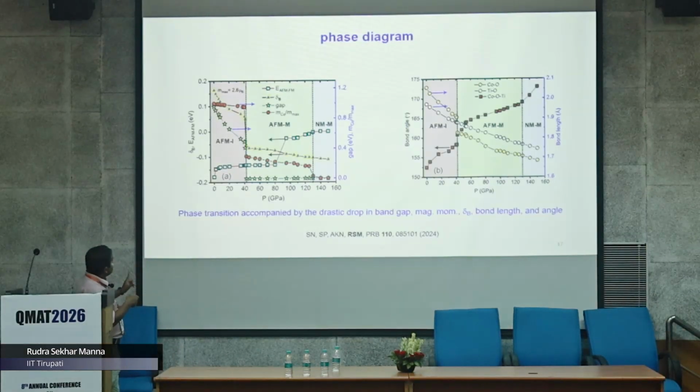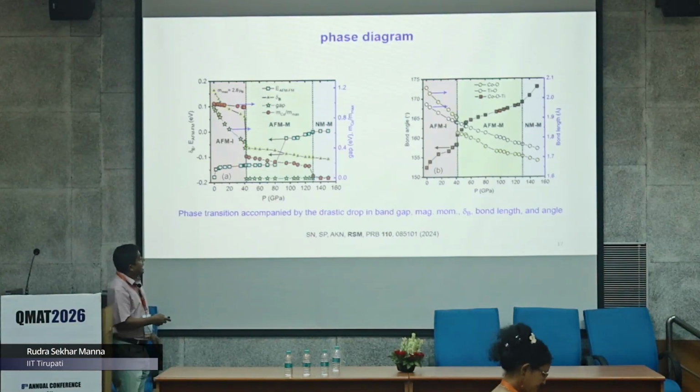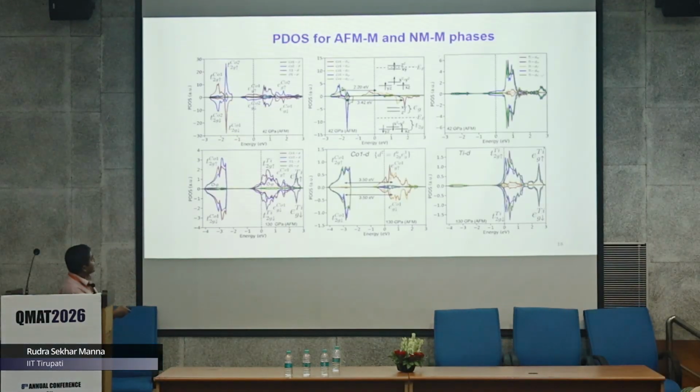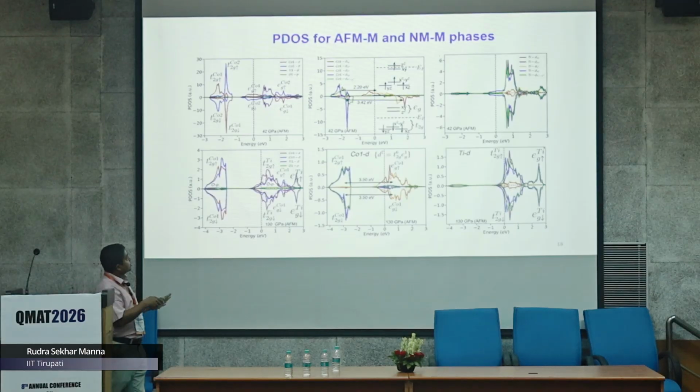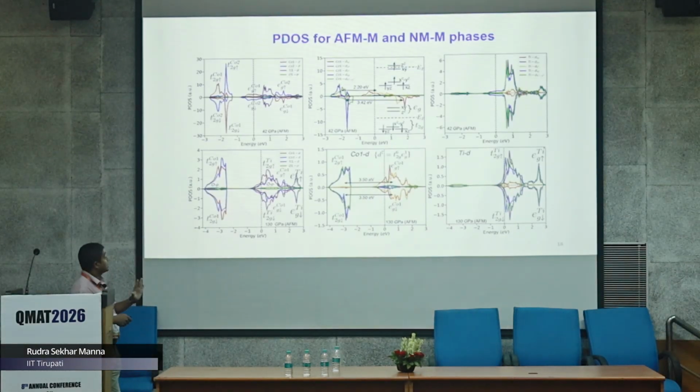Okay, and at the same time another parameter is also interesting. The cobalt moment, normalized with the maximum value, also changes drastically at the same pressure point. We also checked at different pressure points how the partial density of states changes in the material.